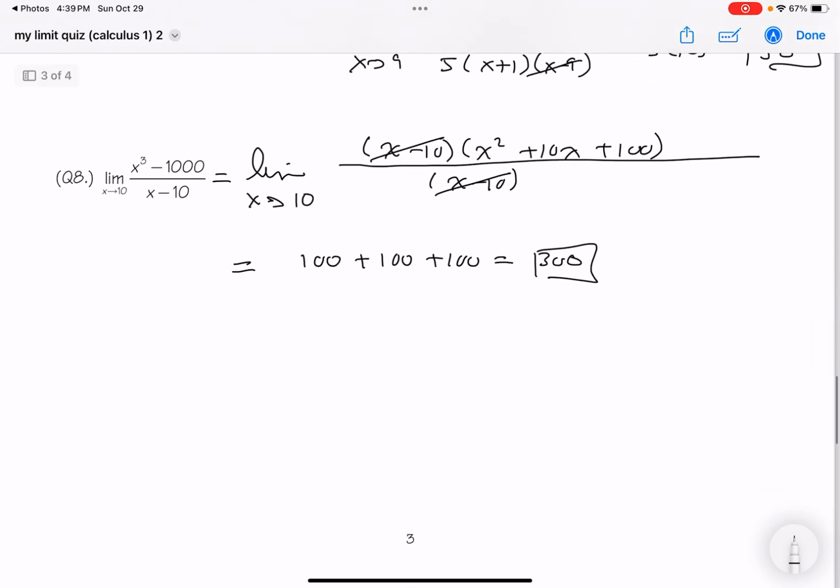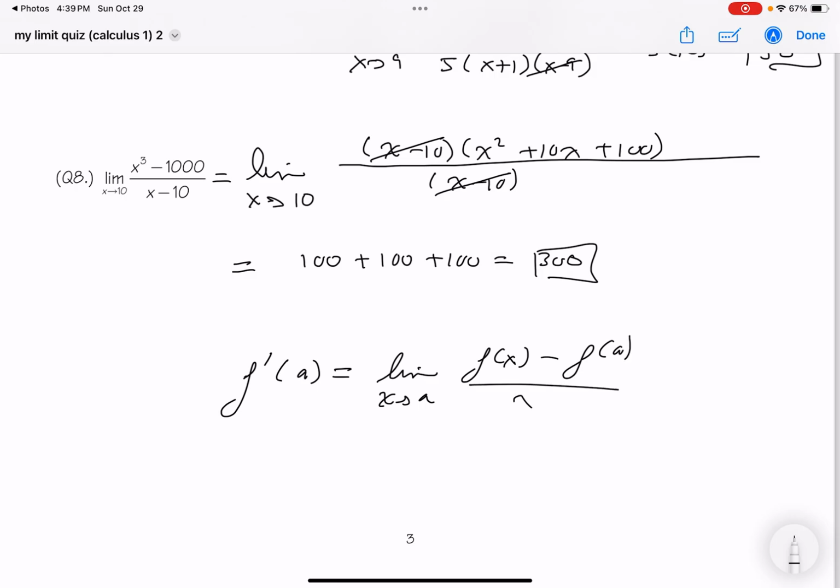Another way to recognize this is to recognize it as a derivative. However, that's probably more difficult to see, by the way. So I'm going to say it looks like the definition of derivative: f prime at some value a is equal to the limit as x goes towards a of f of x minus f of a over x minus a.